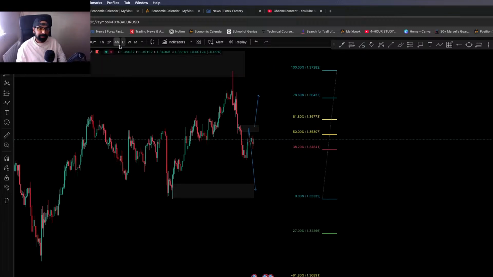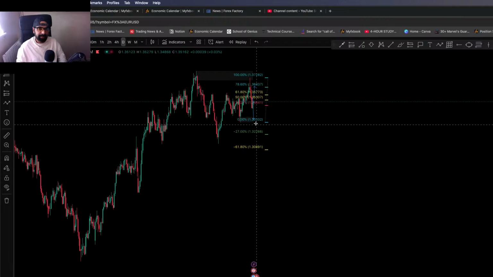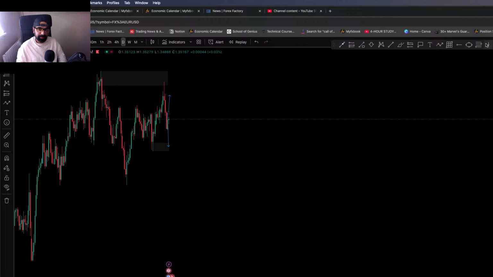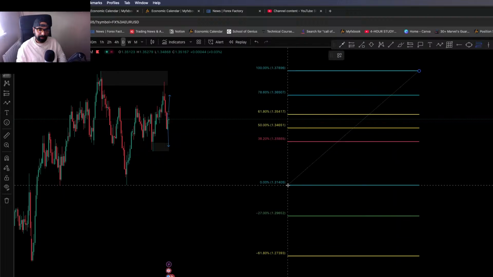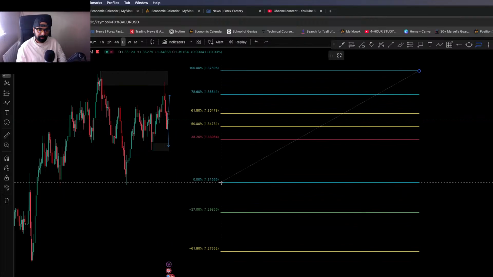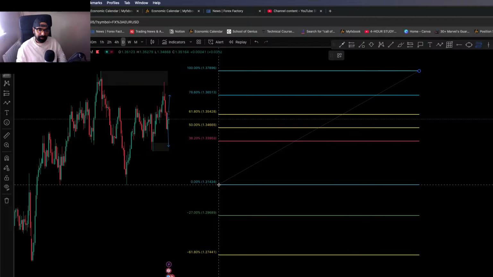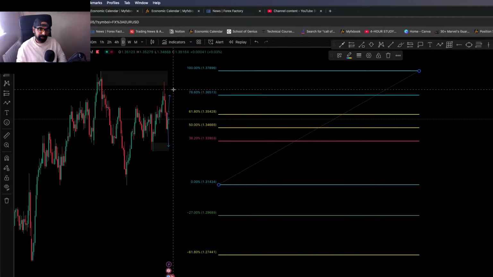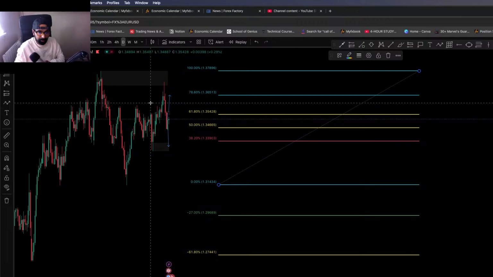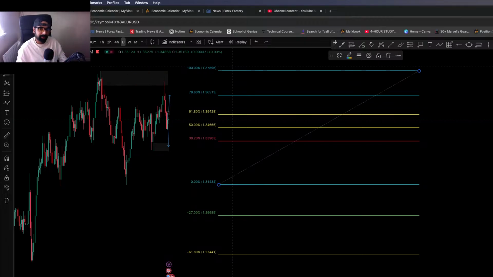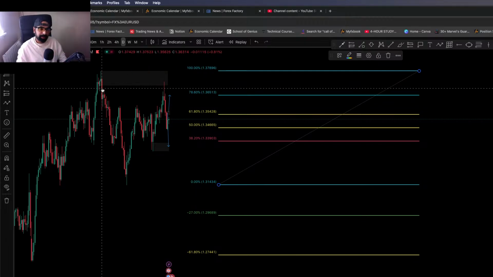Pound USD. So the daily, yeah, 68.6, but that's already been mitigated, which there was a nice little fair value gap.